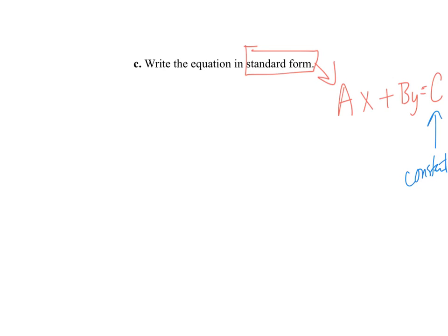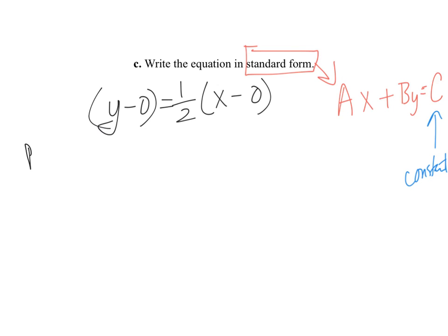Now I want to find the standard form, which is ax plus by equals c. C is my constant. I use y minus 0 equals 1/2 x minus 0, which is my point-slope form that I just found from the graph of the jet trajectory.